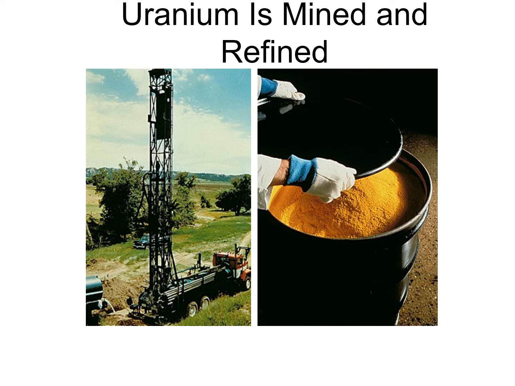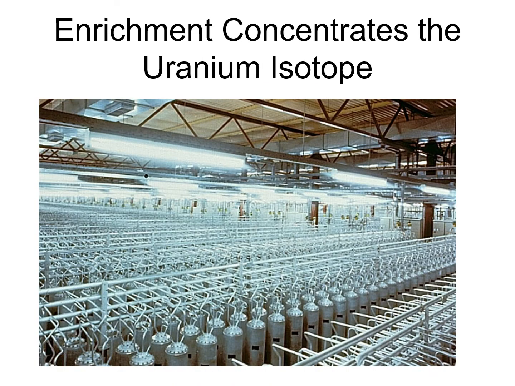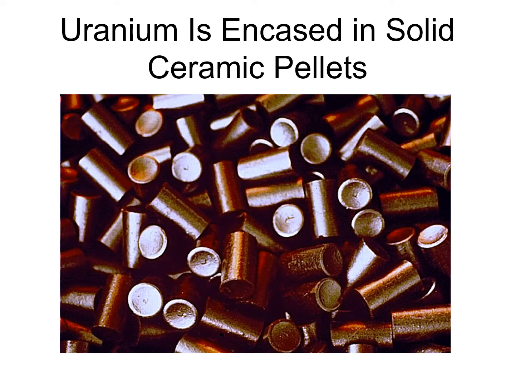From the uranium mines, they take the uranium ore, which is ground and filtered as we are seeing in the picture, and the uranium ore is converted to uranium hexafluoride, converted to gas and solid by separate chemical reactions, and it becomes enriched uranium as uranium isotopes. The picture shows the uranium isotopes encased in solid ceramic pellets.